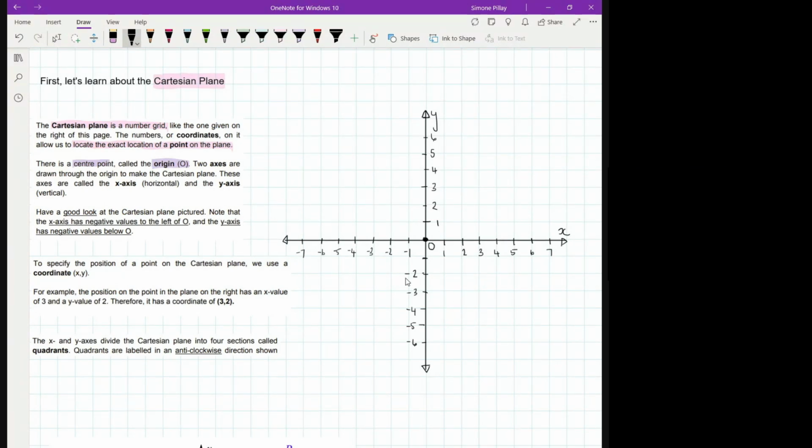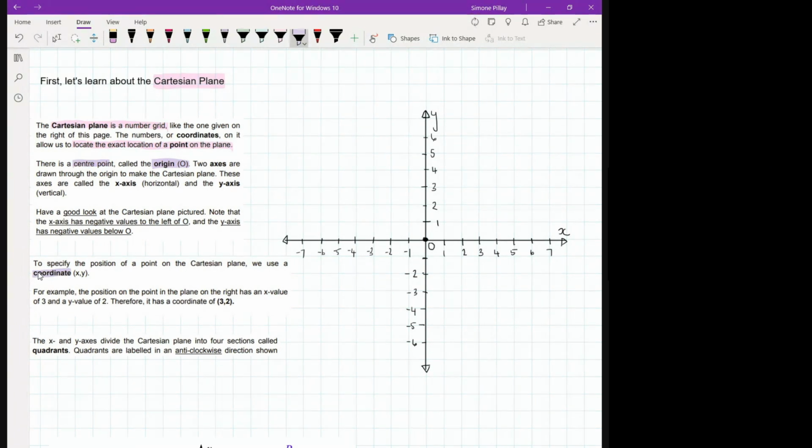So we have these two number lines, they are numbered, they have crossed, they create this number grid. The center is called the origin, and there my point is 0 on both number lines, both axes. And then they've said here, to specify the position of a point on the Cartesian plane, we use a coordinate. So remember, we said we can use coordinates to show the exact location of a point.